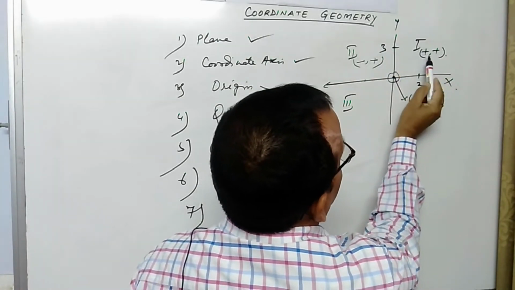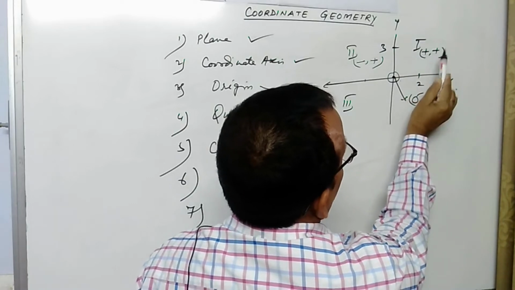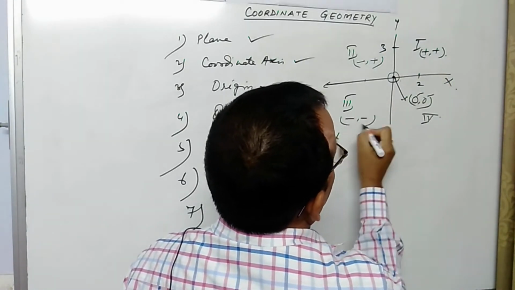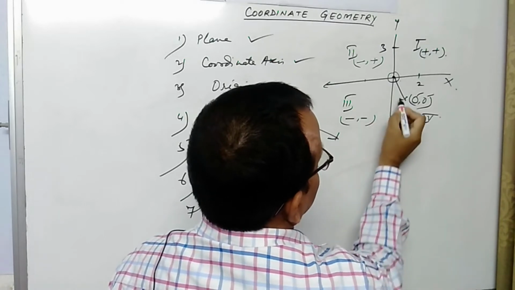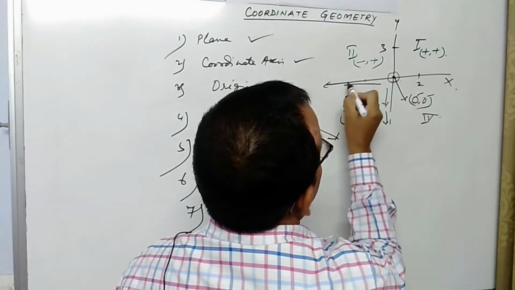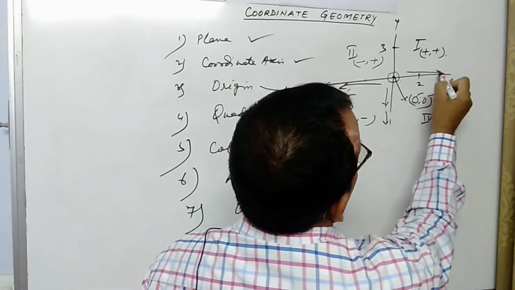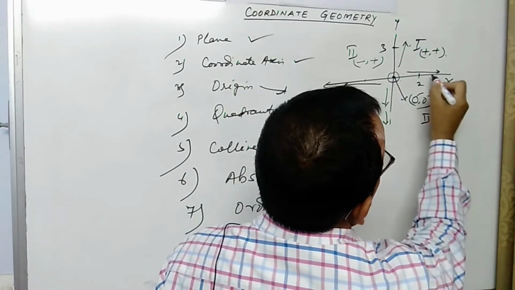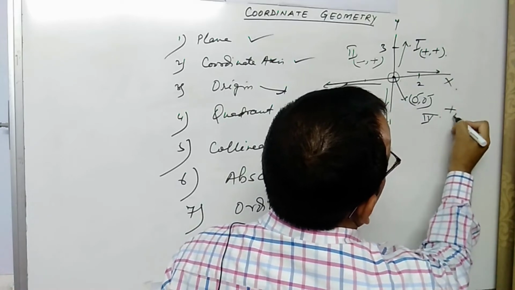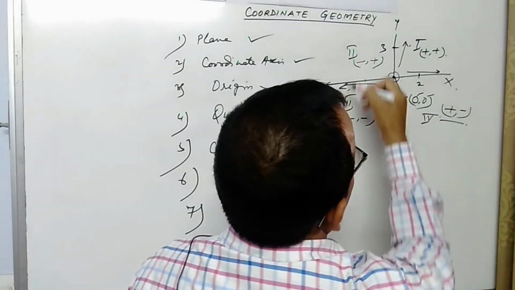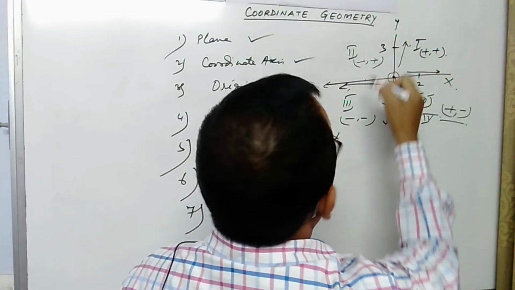First one indicates x-axis, second one indicates y-axis. Similarly, in the third quadrant, both will be negative, x as well as y. In this direction, negative terms are there. In this direction, negative terms are there. This way positive and this way positive. In the fourth quadrant, x will be positive and y will be negative. So like this we can locate the points in a plane.